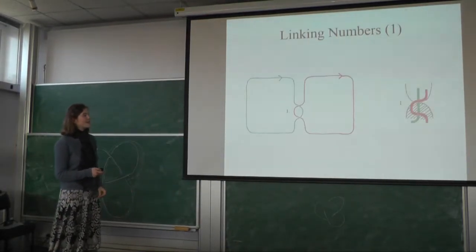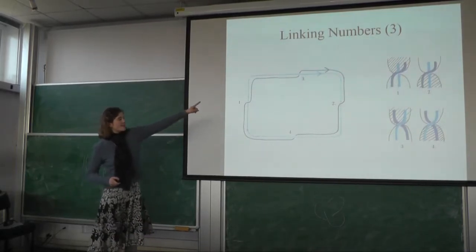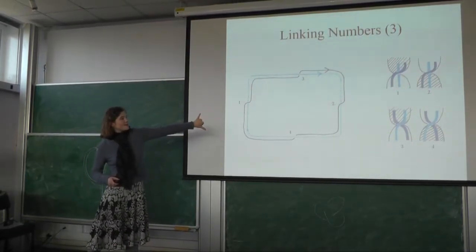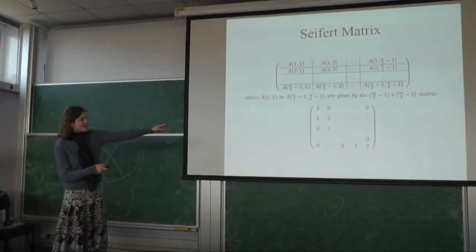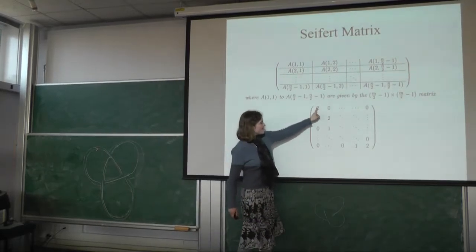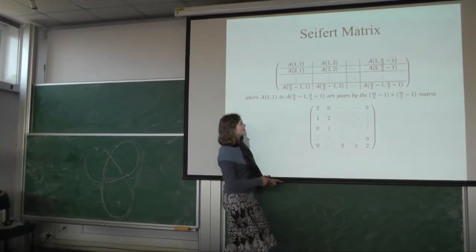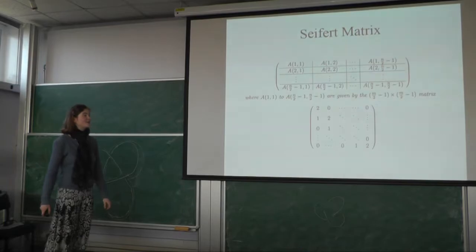And that gives a linking number. This is the scenario in which that happens. And so, as you can see, the main diagonal of the matrix is going to be all 2's, because we saw from that diagram that the linking number is 2.